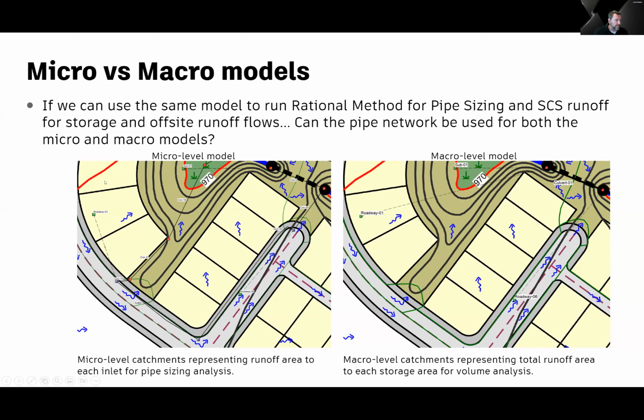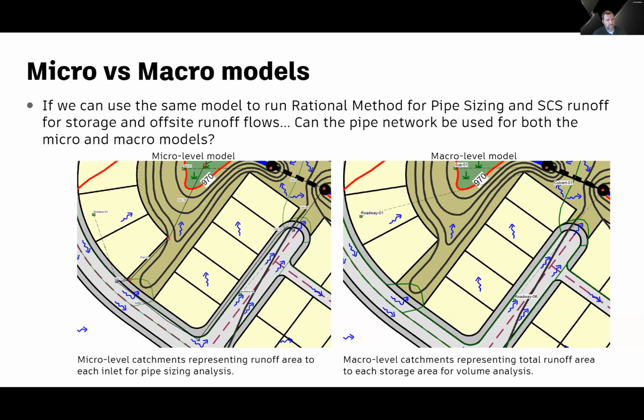So the idea here might be that all your individual catchments to each inlet at the micro level, all of those inlets that flow to the same downstream element at the macro level, might all be combined into one catchment for the purpose of that analysis.